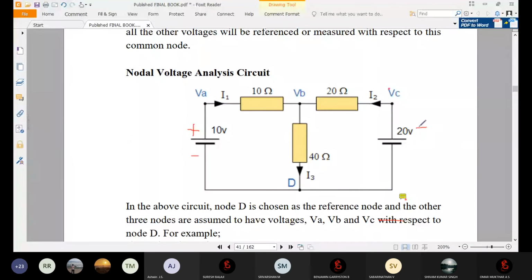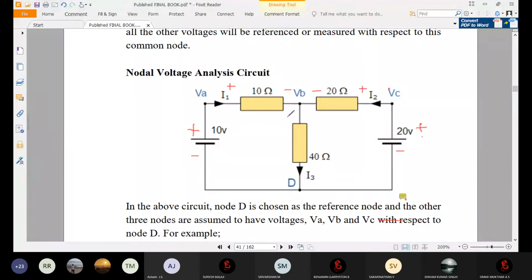The first step is to make a polarity for the voltage source. I have given the polarity, and afterwards I have to give the polarity to each and every component. In this resistor, this terminal is connected to the positive, so I will give plus minus here, and similarly for this one.